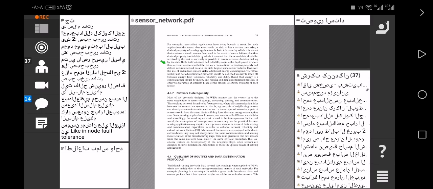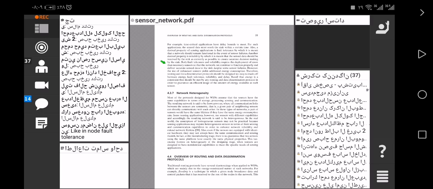Network heterogeneity again relates to the specification of the sensors. If we have the same hardware and software specification, we have a homogeneous network, and we design our routing protocol for this type of network. Otherwise we have a heterogeneous network.